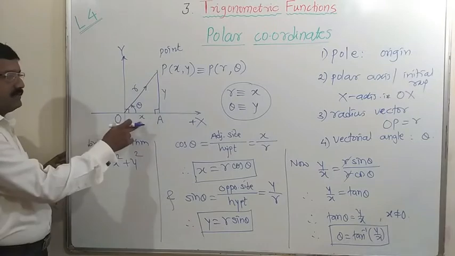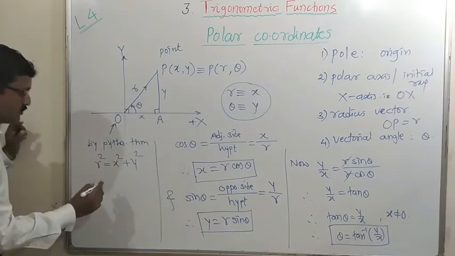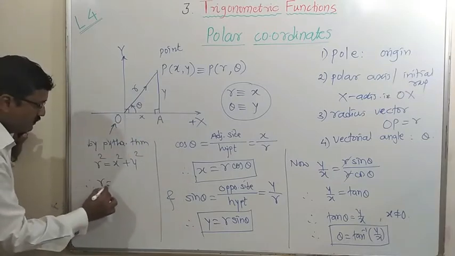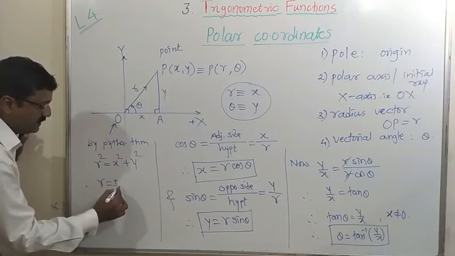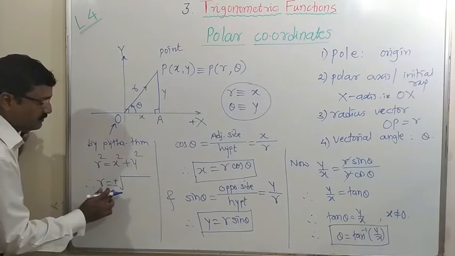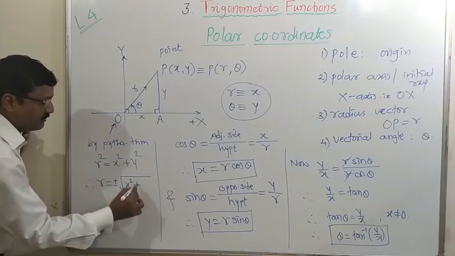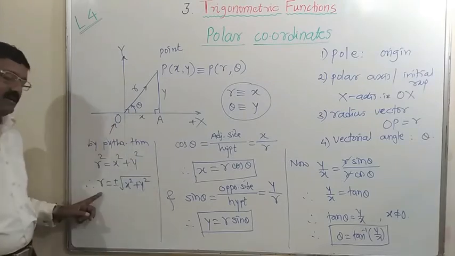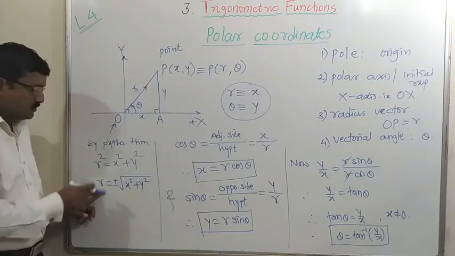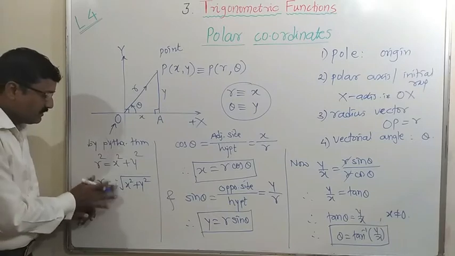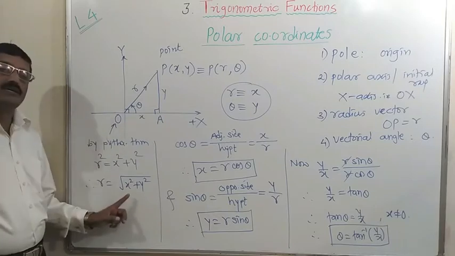R square is equal to x square plus y square. So r equal to plus minus root of x square plus y square, if we are going to take the root. But what is r? R is the distance, and distance is always positive, so no need to take this plus minus sign. Don't write that plus minus sign, take only positive.